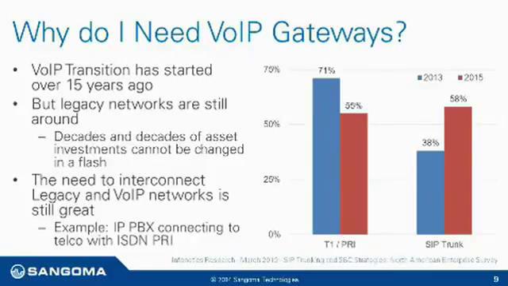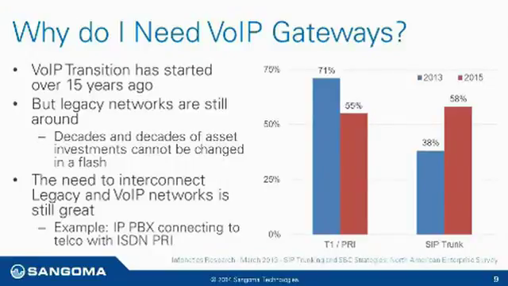Back in 2013, 71% of the survey were using T1 lines, good old legacy PSTN lines. Projection for this year, still over half of enterprises would be using PRI.